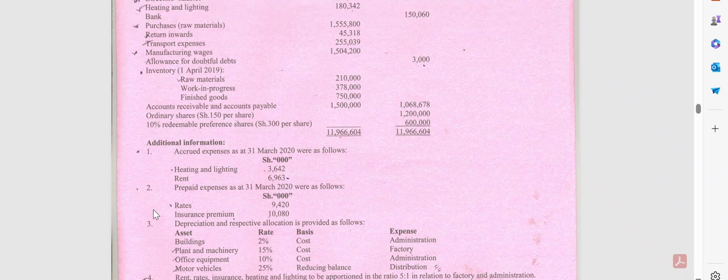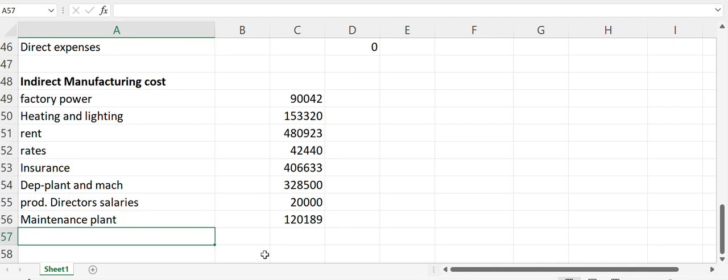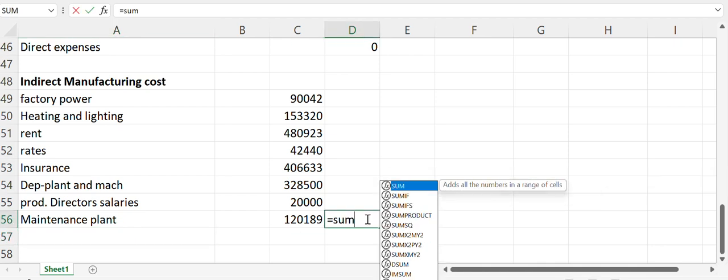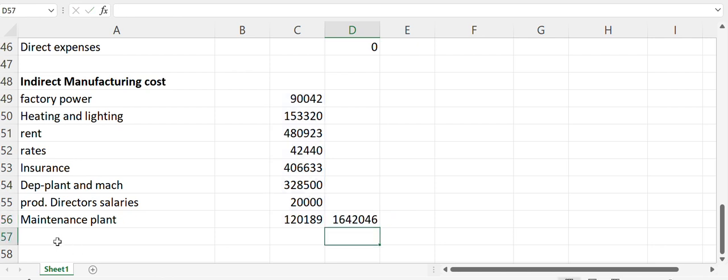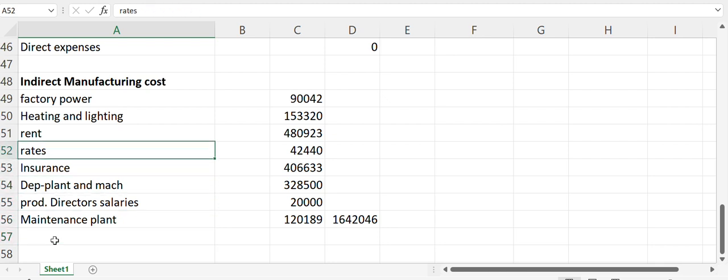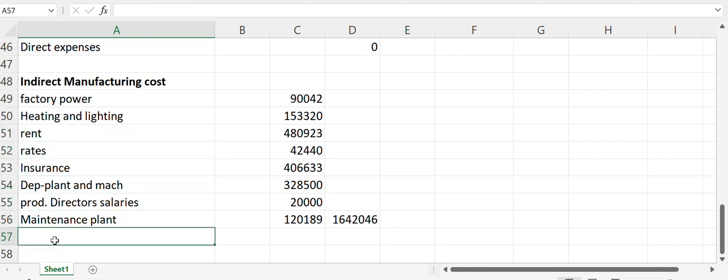Yeah, so we can go ahead and get the total here, taking the sum of all this. Then you get what we call factory cost.